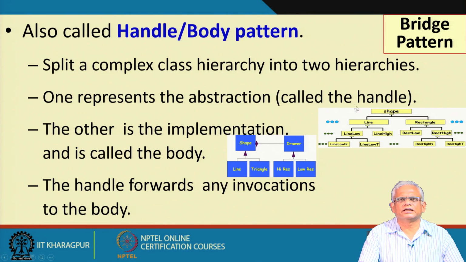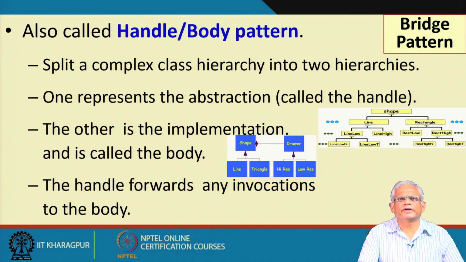We split a large complex hierarchy into two simple hierarchies. One we call the abstraction hierarchy on the left side here, and the other is the implementation hierarchy, and then the abstraction hierarchy makes calls to the implementation hierarchy whenever a client makes a call to the abstraction hierarchy.